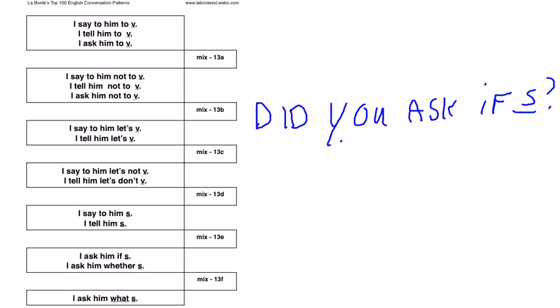Once again, this is a perfect place to practice patterns again that we've learned. For example, did you ask him if he'll probably go? Did you ask him if he plans to go? Did you ask him if he's able to go? Did you ask him if he almost went? Did you ask him if it tasted good?